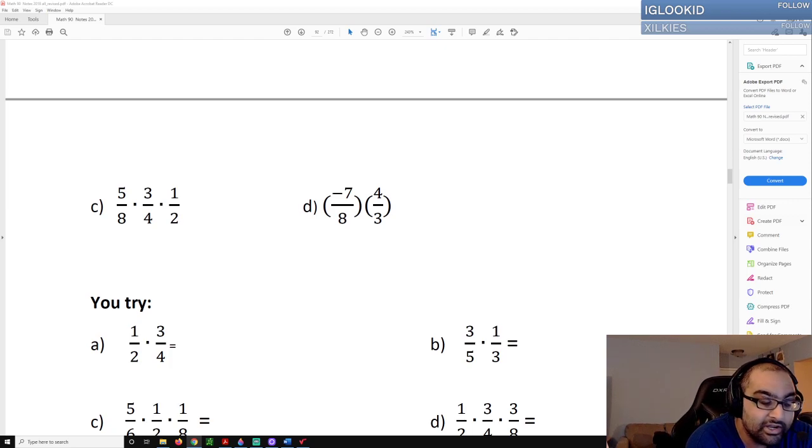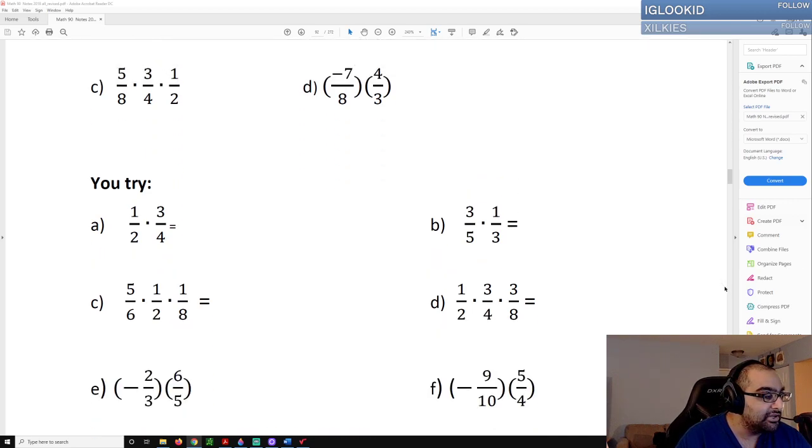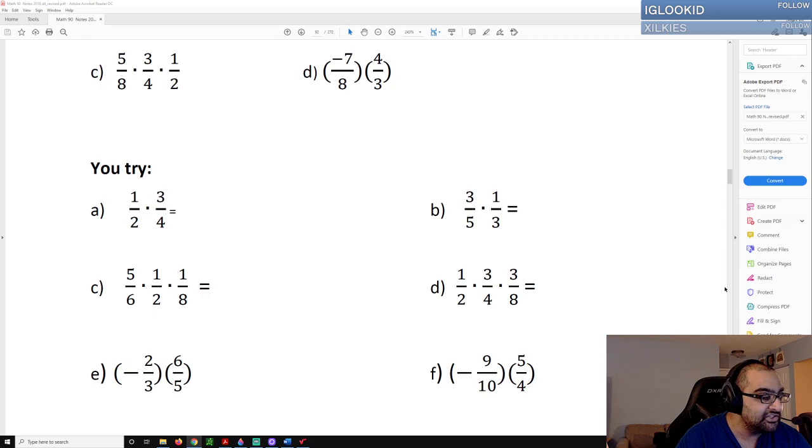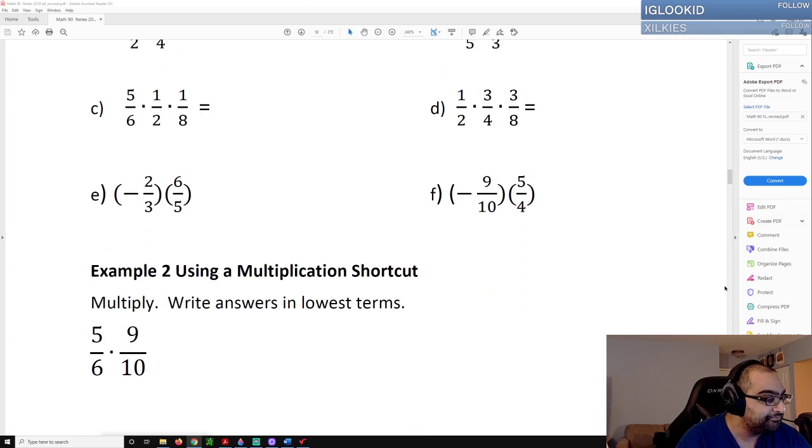We did a few examples, but we want to continue with a few more so we can see exactly how we can simplify before we multiply. Remember, that's really what we want to do in these sections as best as we can. So let's start off with something nice and easy here.